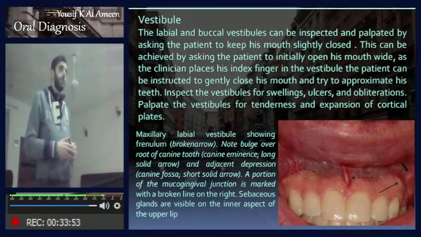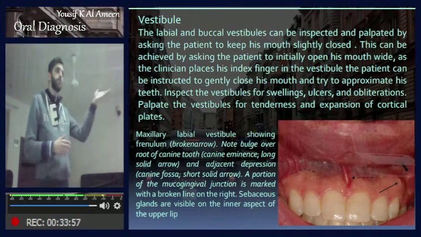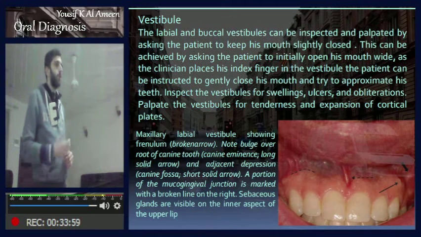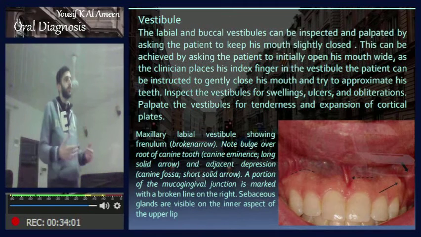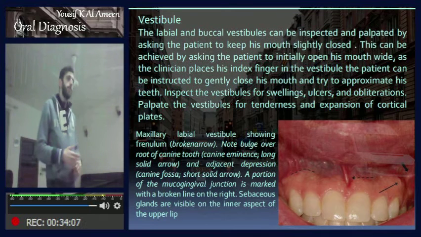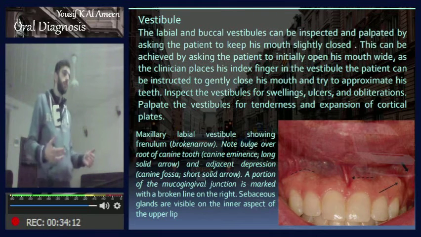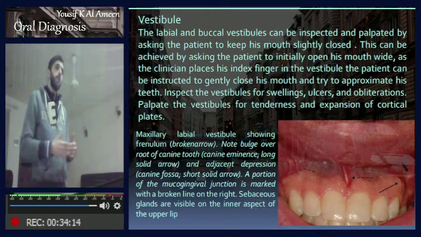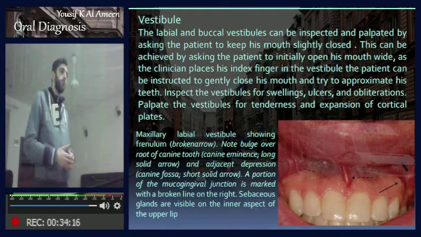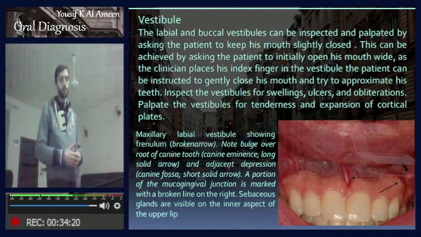As the clinician places his index finger in the vestibule, the patient can be instructed to gently close his mouth and try to approximate his teeth, inspecting the vestibules for swelling, ulcers, obliterations. Palpate the vestibules for tenderness and expansion of the cortical plates.